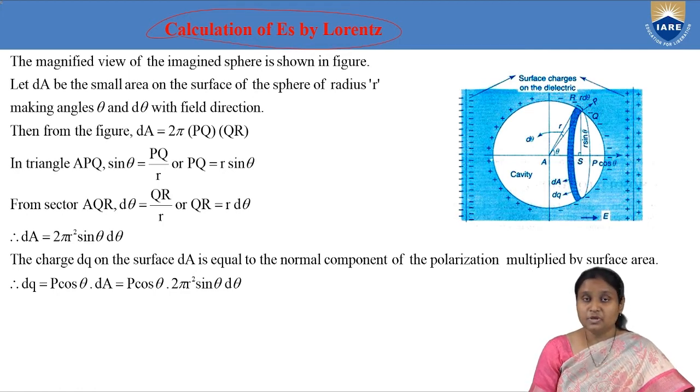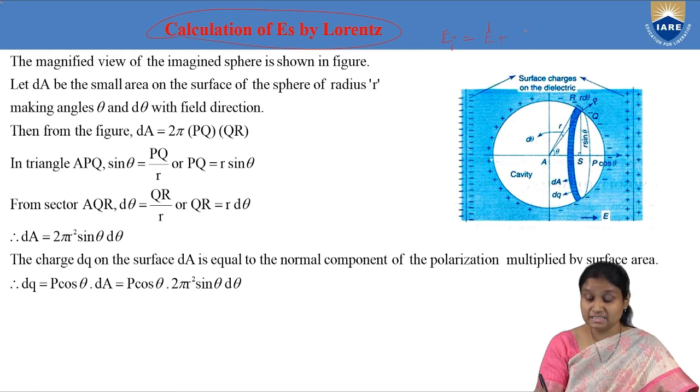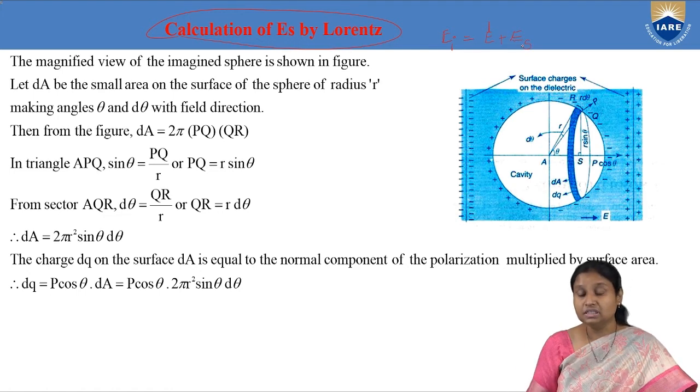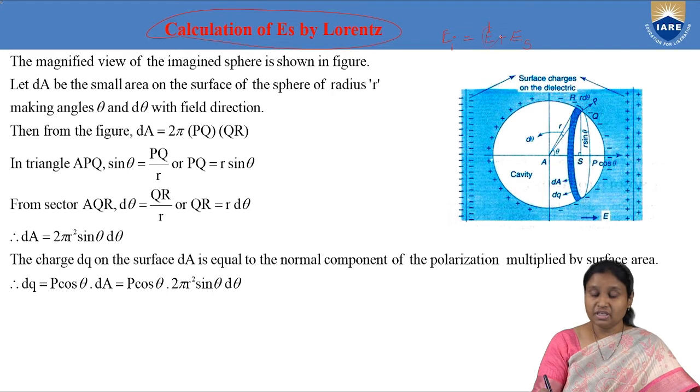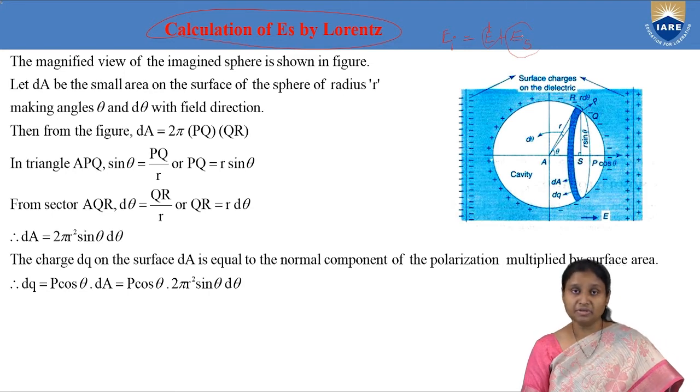The internal or local field is the combination of the external electric field applied plus the electric field due to charges on the surface of the imagined sphere. We know the value of E, we can find its magnitude, but we need to find ES. This method is also called the Lorentz method.